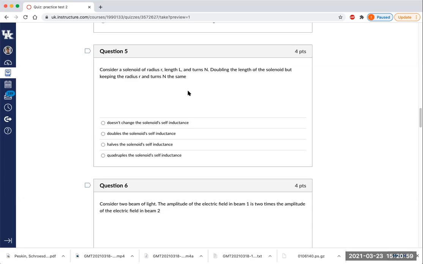Well, this is a matter of looking at the equation for the self-inductance. There's actually 2 ways you can write it, 2 ways you'll see it written. Let me write them both down. This is one way you can write it.